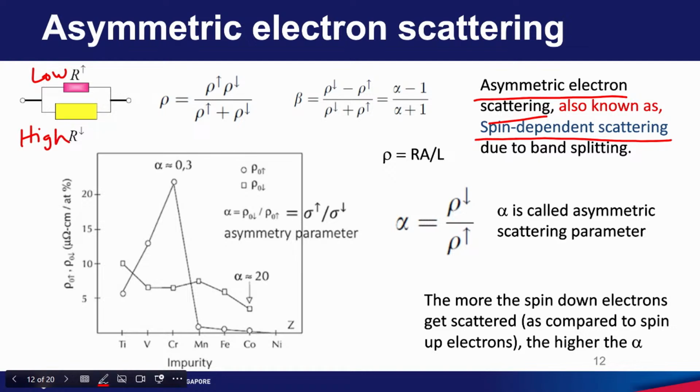This is because there are lots of empty states for spin up, and very few available states for the s down electrons to get scattered into. As I mentioned, I may use rho or resistance, and they are almost similar in concept except for the area and length.